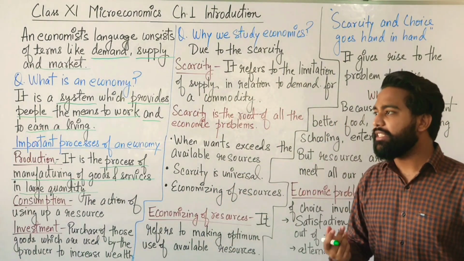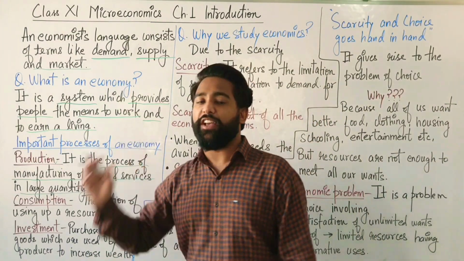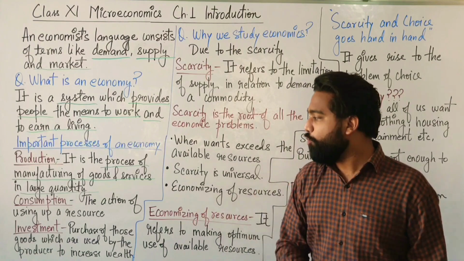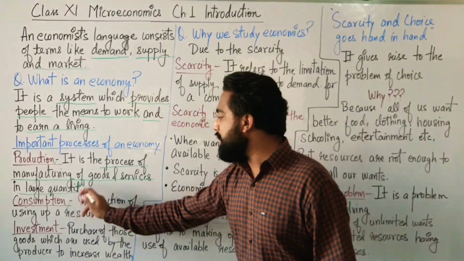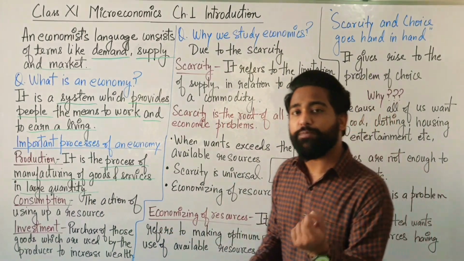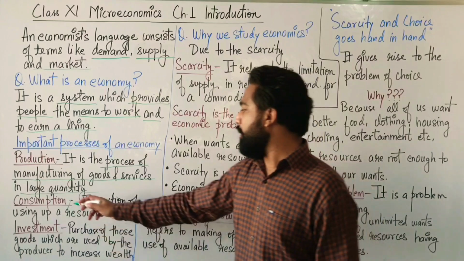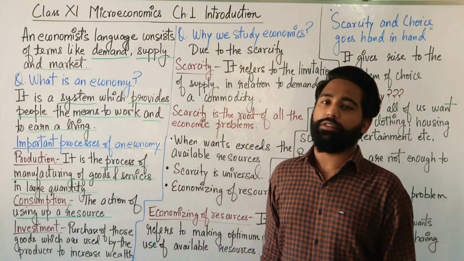If a producer says that I have to do the production work, it means he is manufacturing goods and services in a very large quantity. The second important process of the economy is consumption. If something is being produced, then it will be consumed also. What is consumption? The action of using up a resource.